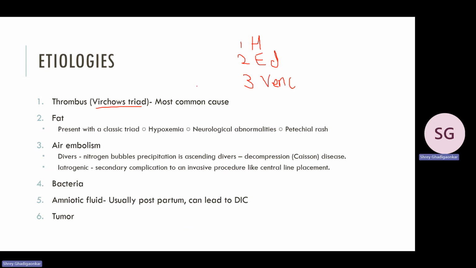If you talk about hypercoagulable states, one of the most common types is factor V Leiden mutation, which is a type of thrombophilia. The patient has an increased risk of developing thrombosis.